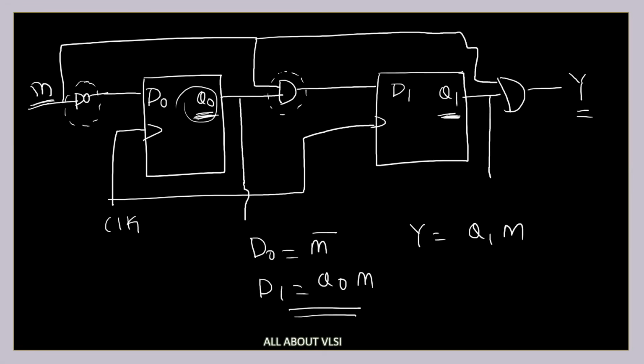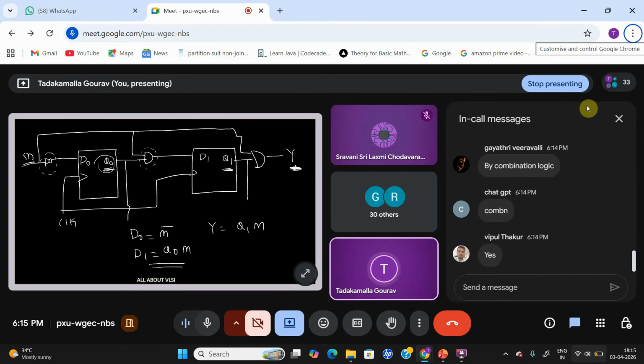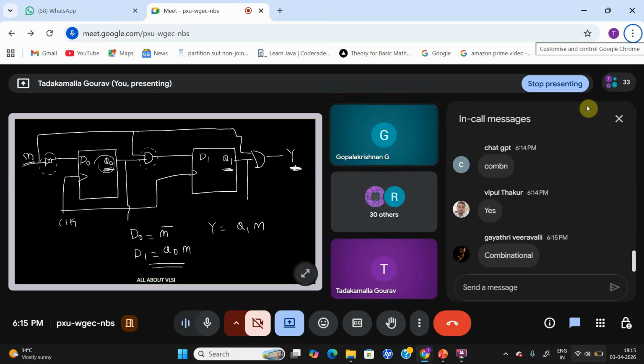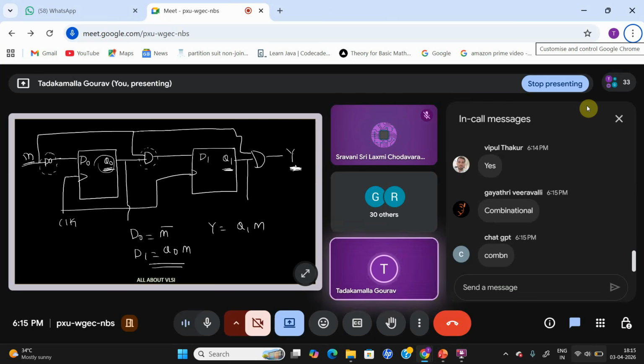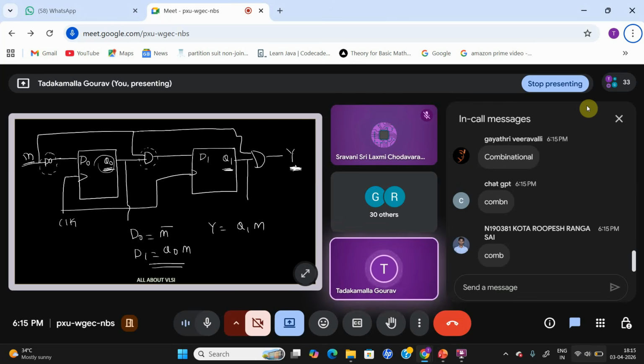And the output, is it combinational or sequential? Can anyone tell me? Yes, combinational only. So the output is also combinational in nature. And here you can see, since it's a Mealy FSM, there is a direct connection between your input and output, and your present state also has some role in determining your output.